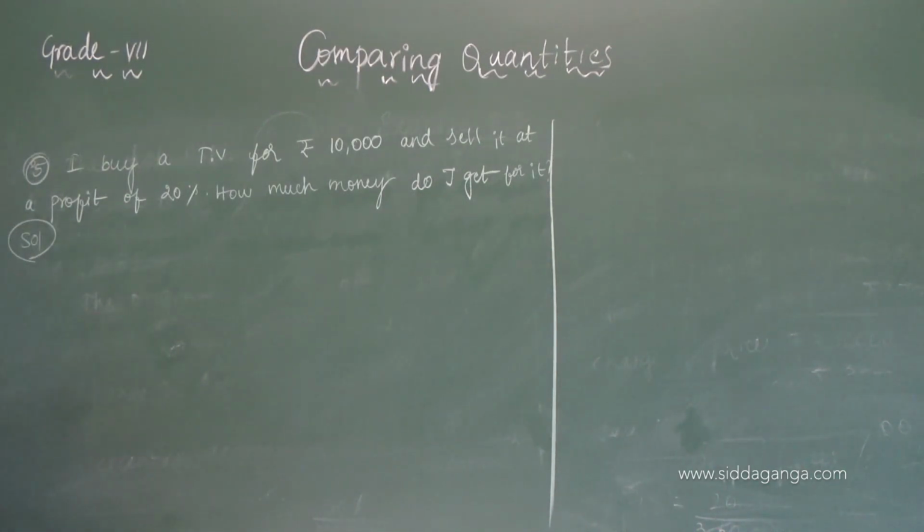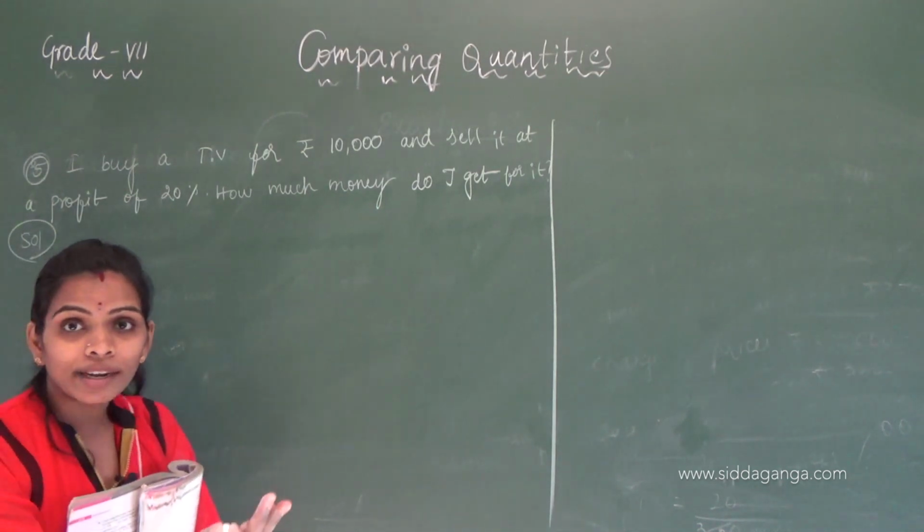Here what are they giving? I buy a TV at rupees 10,000, that means CP. The cost price of the TV is 10,000, and the selling price they didn't give.